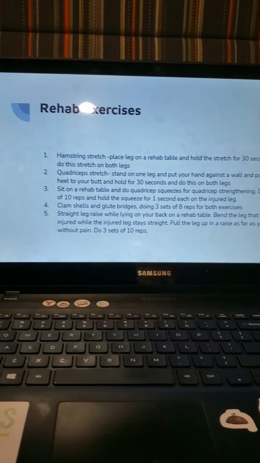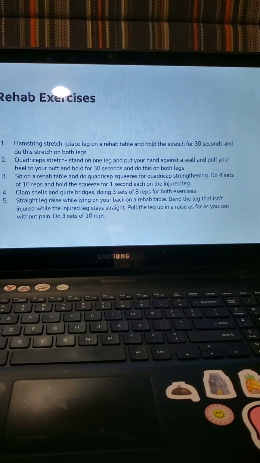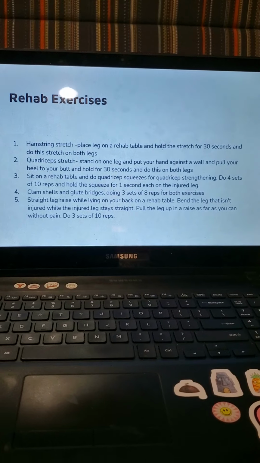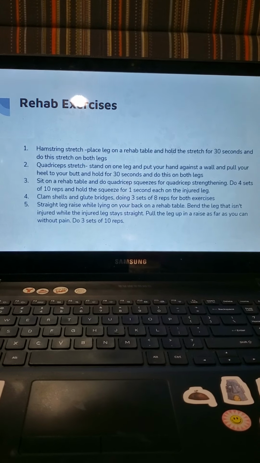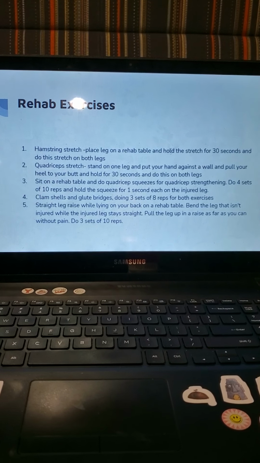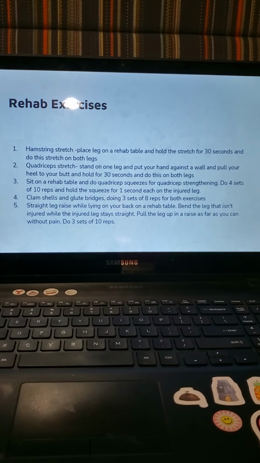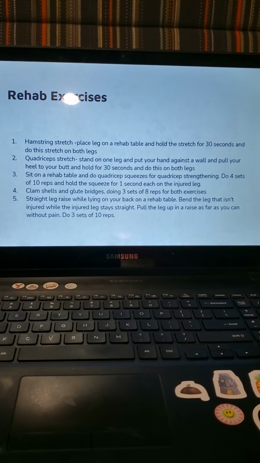Next, we're going to do rehab exercises. Because the hamstring and the quadricep are both tight, we are going to stretch both the hamstring and the quadricep, both legs, and you want to hold it for 30 seconds on each side. Then you're going to have the athlete sit on a rehab table and do quad squeezes for quadricep strength.